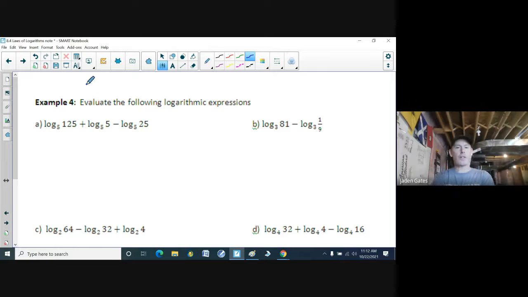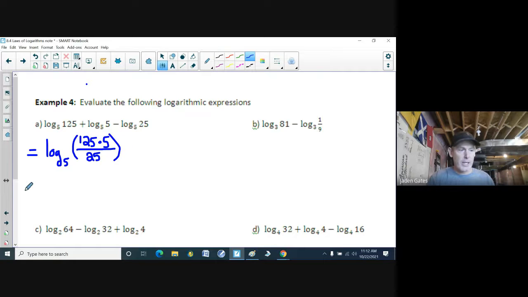All right. Example 4, evaluate the following logarithmic expressions. So I'm going to actually figure stuff out. Now, you can see I got a combination here of pluses and minuses, but again, they all have a base of 5, so I can do it all at once. And here's how I would do that. I would write the log of base 5. Now in brackets here, I got my 125 times 5, because those two logs are being added, but then subtract the log base 5 of 25, so it means I'd have to divide by 25.